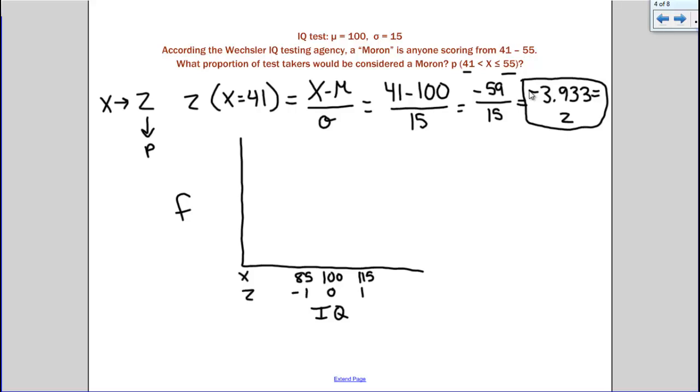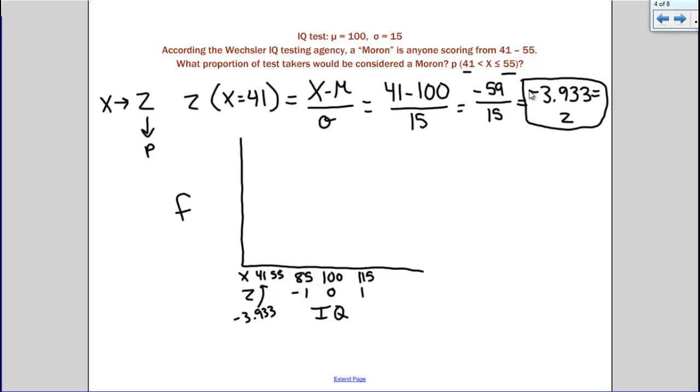And then let's see, where would 41 be here? 41 is way on the low end, and then 55 is just slightly above it. And 41 has a z-score of, I'm just going to draw it out here because I don't have room, negative 3.933.